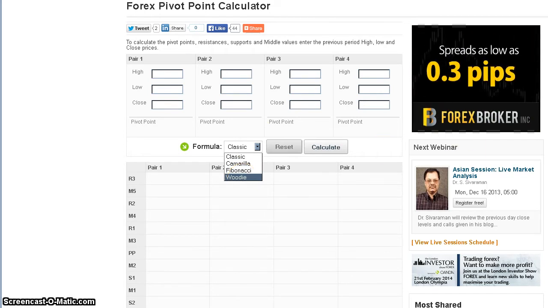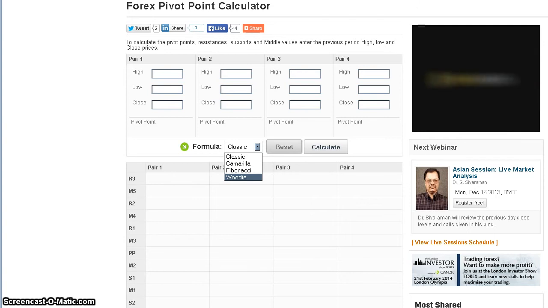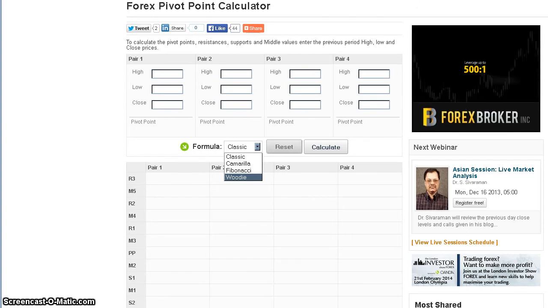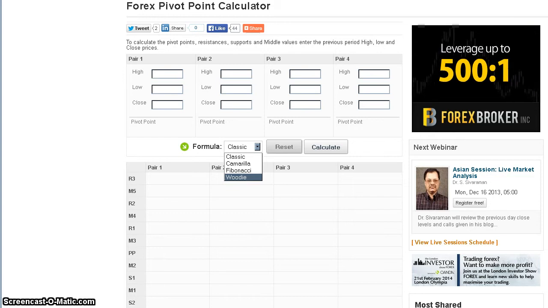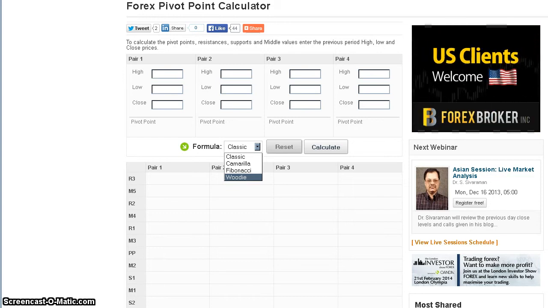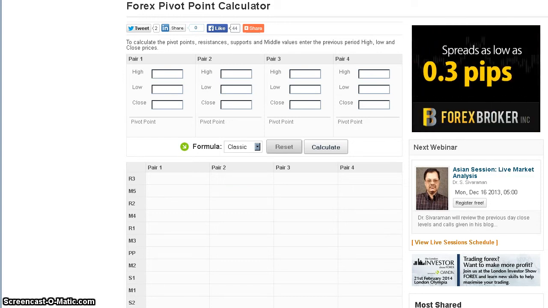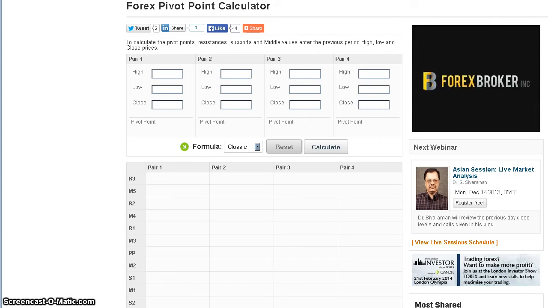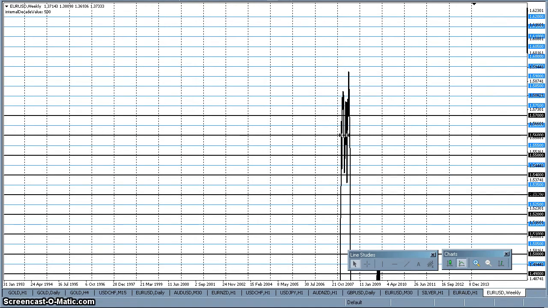So my answer to this whole situation, since I'm a visual trader, is to just go to the chart and look for the pivots right on the chart. So for me, I'm looking at the euro dollar right now, and that's my setup.